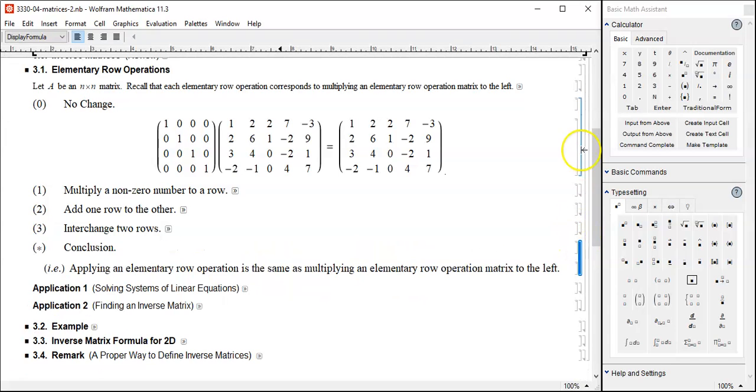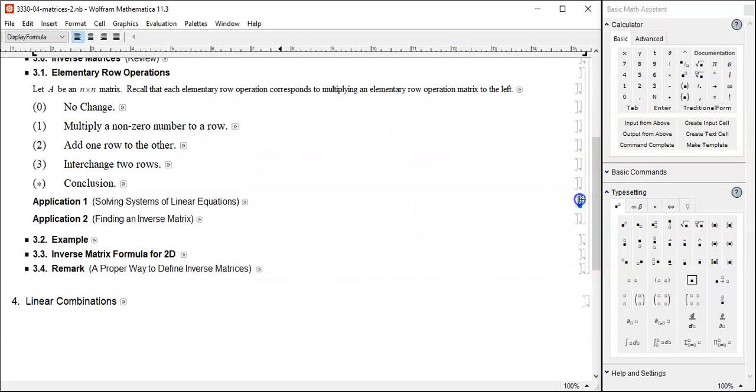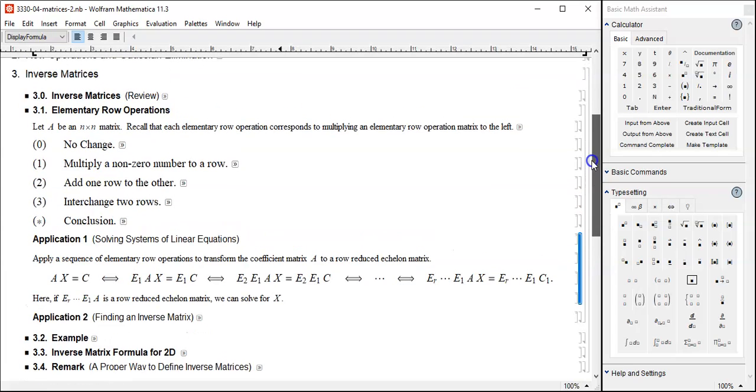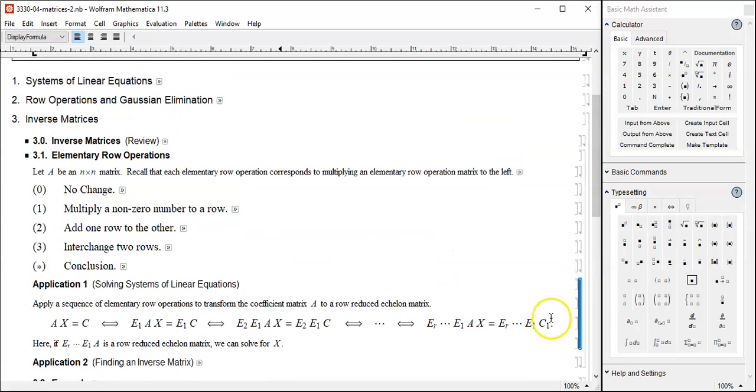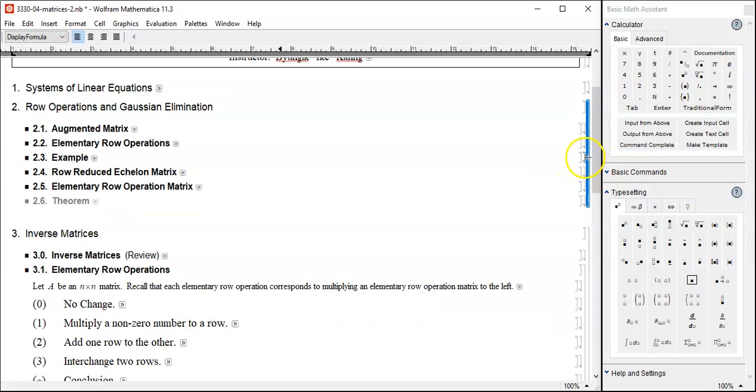That's the conclusion. So how do we use it for the system of linear equations? Here is a theoretical background. We begin with the AX equals C form, as you saw, like this.